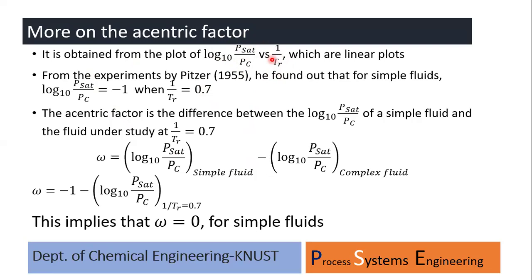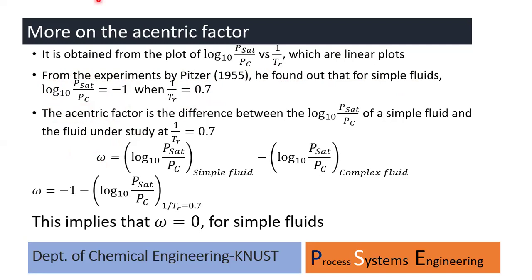So now when you plot this, the log 10 P sat over PC against 1 over TR, you get a particular graph. And then on the graph, at the point where 1 over TR is 0.7, you realize that for simple fluids, you are going to have this value on the y-axis to be -1, right? But when it becomes a complex fluid, it deviates a bit. So now we can find the difference between the simple fluid and the complex fluid. That's the deviation that we are going to consider. Is that okay?